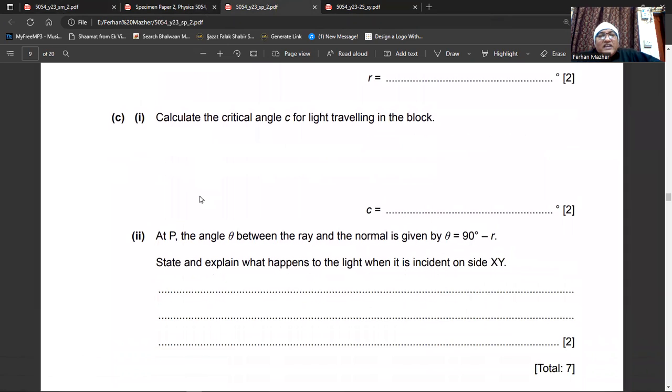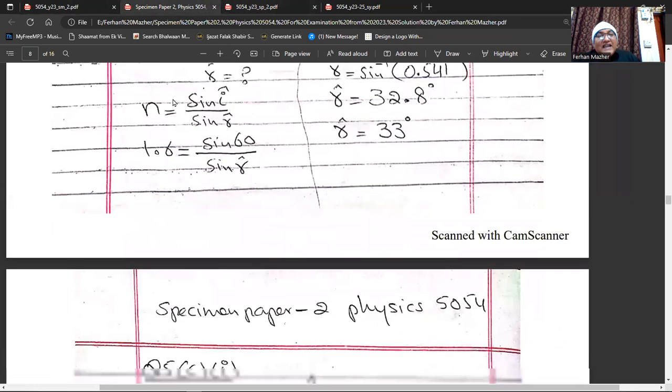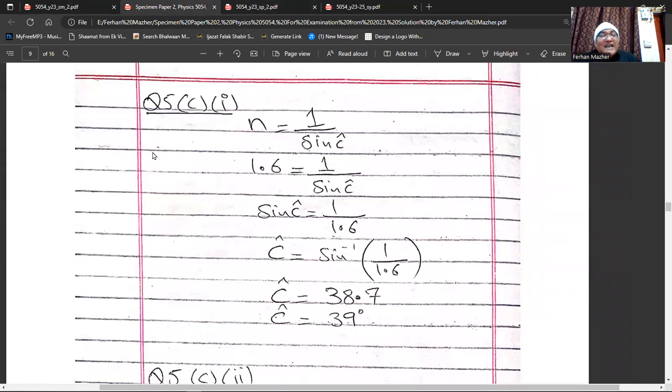Then the question is: calculate the critical angle C of the light traveling in the block. That is question number 5, C part. If you know the refractive index, you can find out the critical angle. n is equal to 1 by sine C. So 1.6 is equal to 1 by sine C. So sine C will be equal to 1 divided by 1.6.